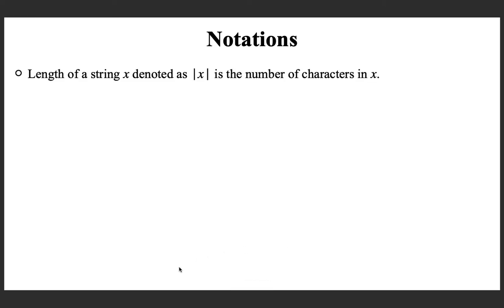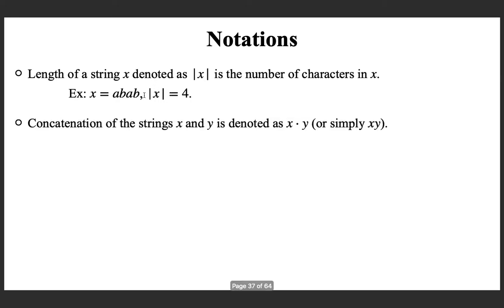The length of a string, denoted as modulus x, is the number of characters in x. For example, given x as ABAB, the length of x is 4, and this is how it is denoted. Concatenation of the strings x and y is denoted by x dot y or simply xy, and the length of xy satisfies this property.